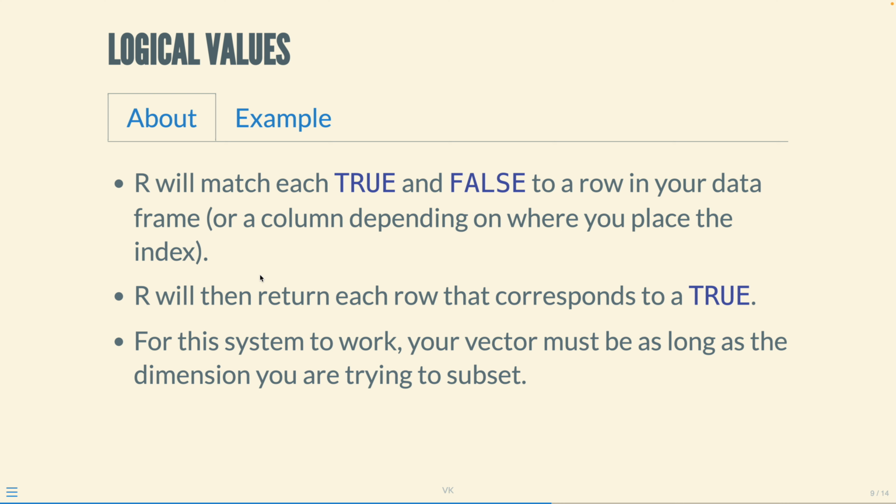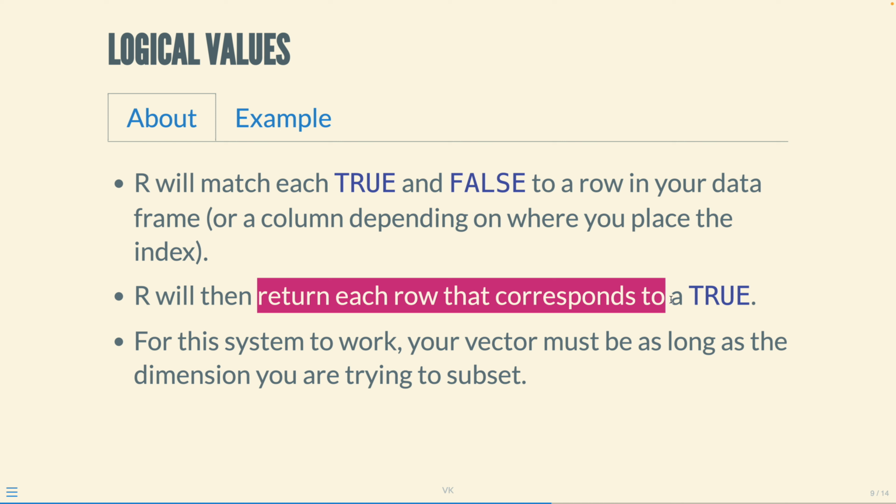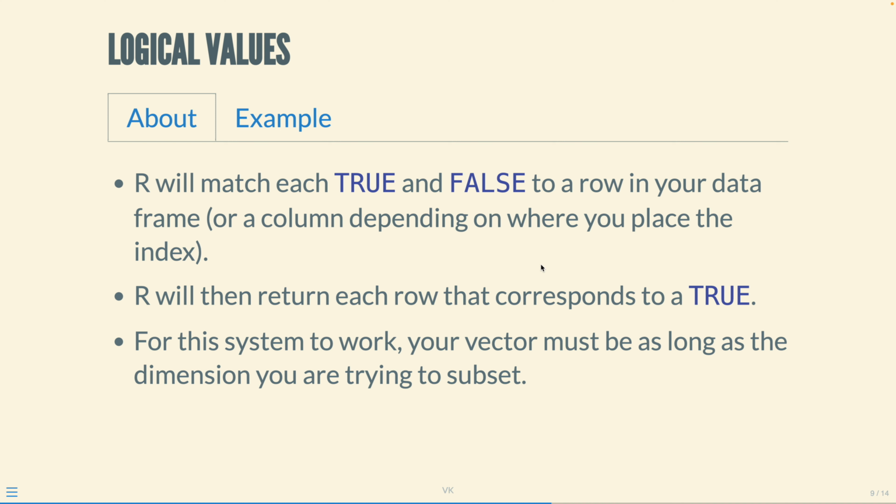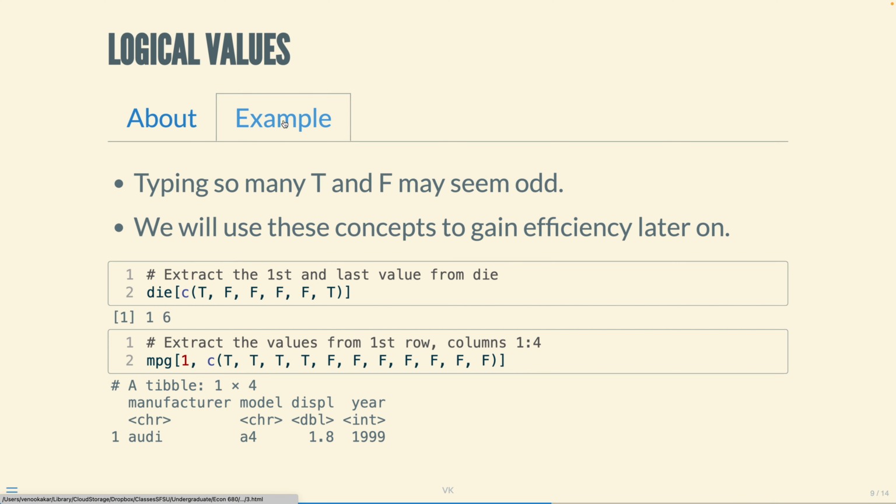And then it only returns the rows or columns that correspond to the true values, okay? One really important thing to remember is that for this type of system to work, the vector that you put in the square brackets must be as long as the dimension that you're trying to subset. Let's take an example here.